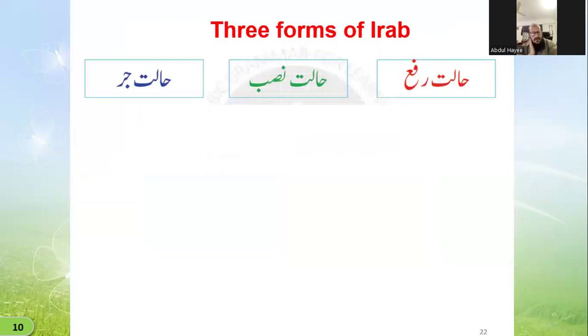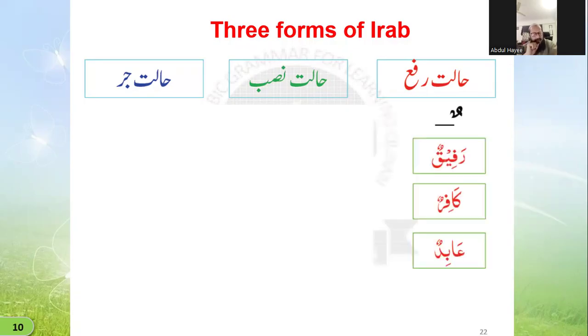So we can say the ism has three states, and that state is called i'rab. It may be in the state of raf, just like rafiqun, kafirun, abidun. They are all in dhamma.